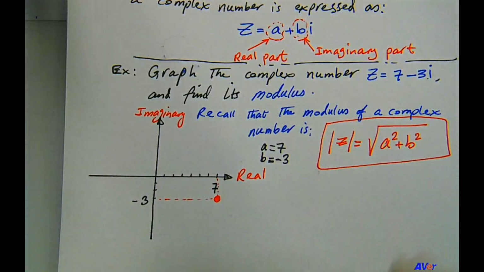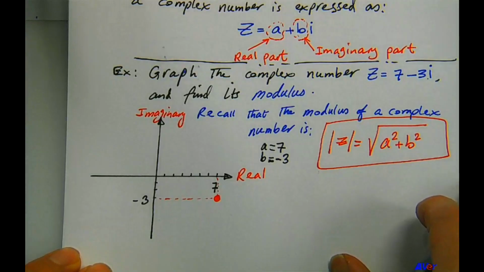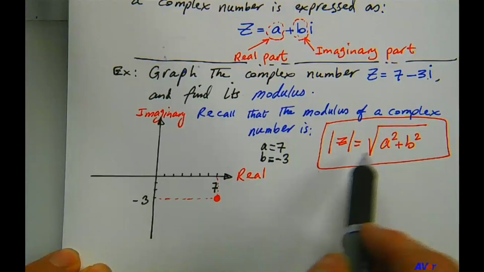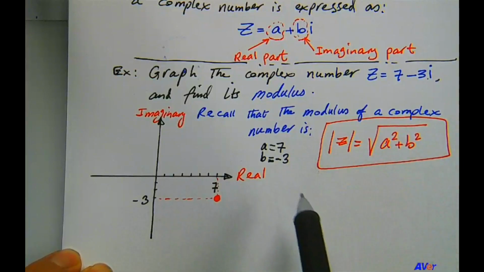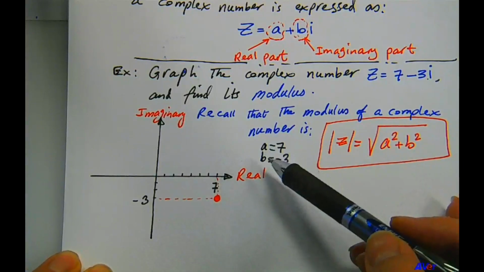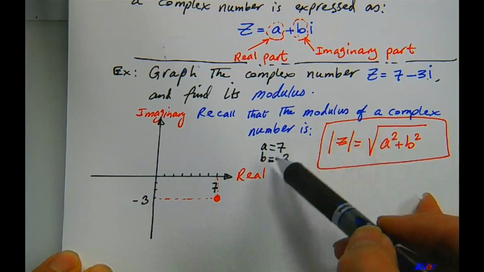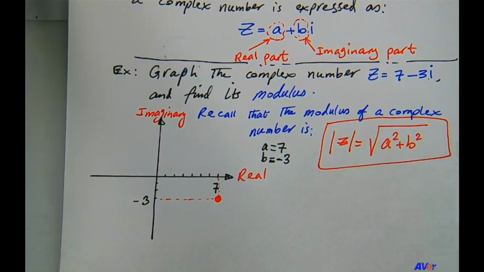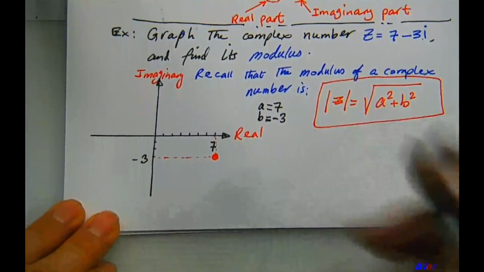Okay. All right. So now the modulus, which has this formula, is easy to calculate because we know what a is and what b is from the original complex number. So let's calculate that.